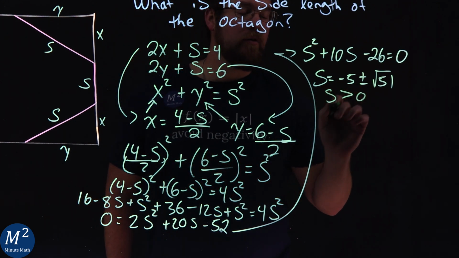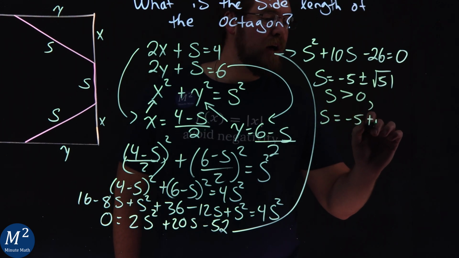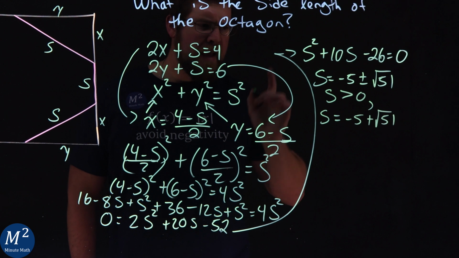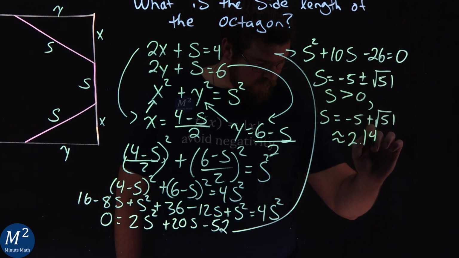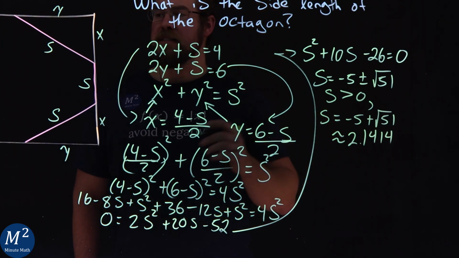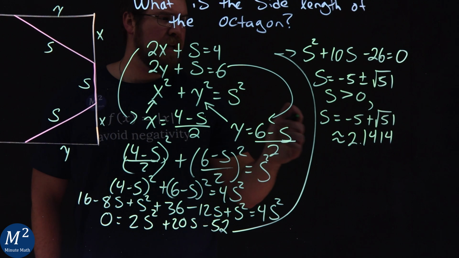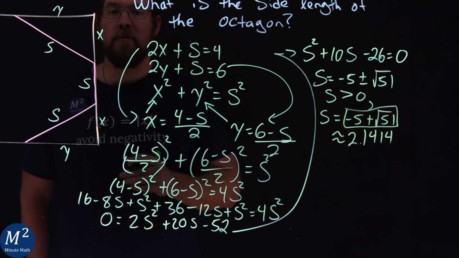S has to be bigger than 0. So S is equal to negative 5 plus the square root of 51, which comes out as approximately 2.1414. And there we have it. Our side length for this octagon is negative 5 plus the square root of 51.